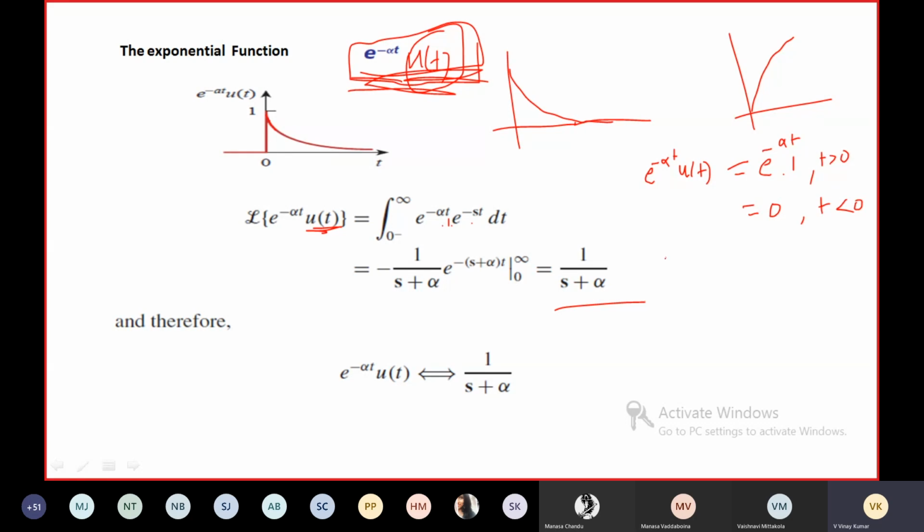This operation is called the frequency shifting operation, because in Laplace of u of t, what is it?